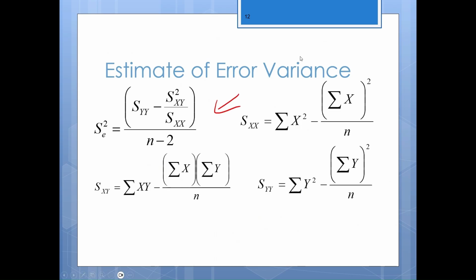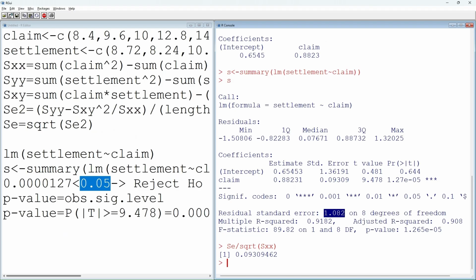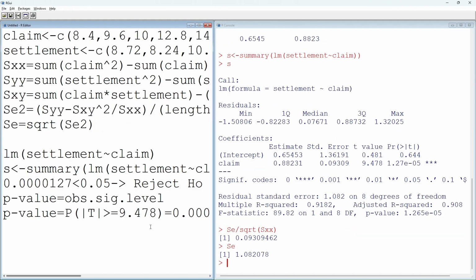We may give it a try and check if we get the same thing. We have 1.082. So are we really getting 1.082? You would recall I computed that earlier. So if you do SE, you will see that it is 1.082. In that particular setting, you would need to know what the sum of squares of x is to be able to find 1.082.